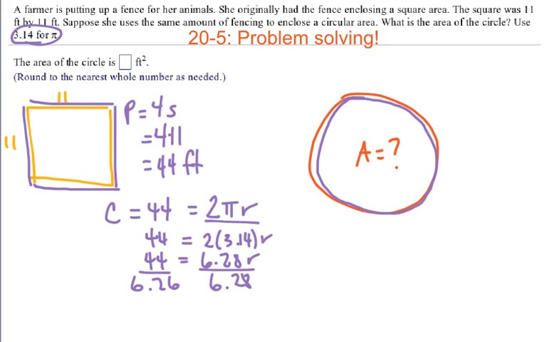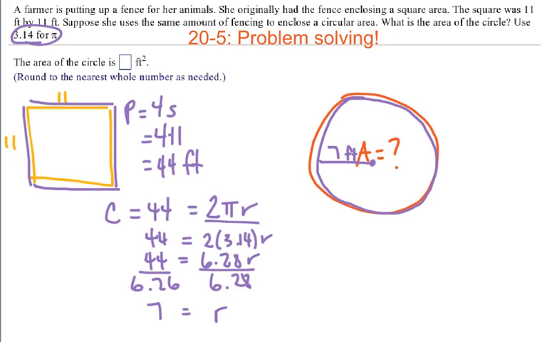So 44 divided by 6.28 is 7.00636, etc. So I'm going to go ahead and round it to about 7. So the radius of the circle is 7 feet.